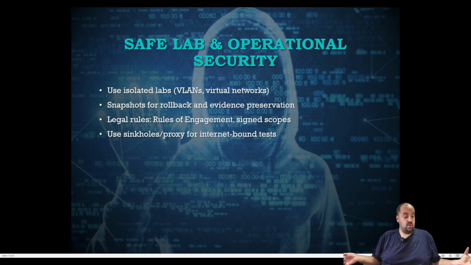And you need to work on an isolated VLAN and use snapshot tools and logging to reconstruct every step. It's the basis for being a professional, and also to know what to do if you cause any harm. And our first thing, like a doctor, do no harm, is to fix what you broke, if you broke something.